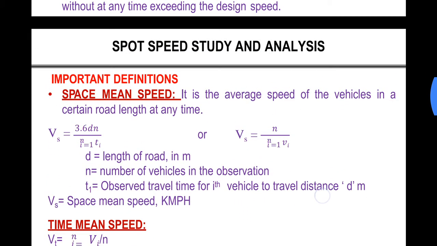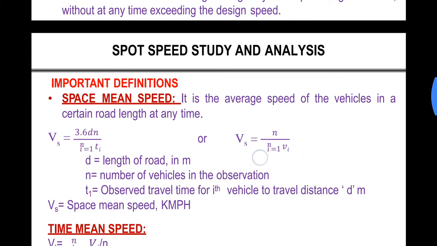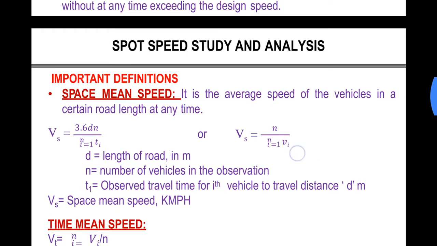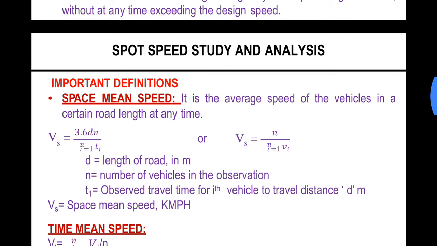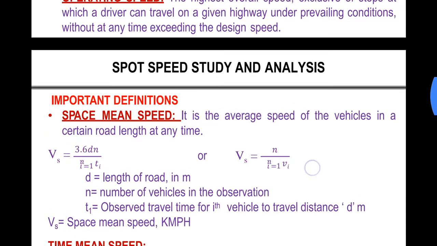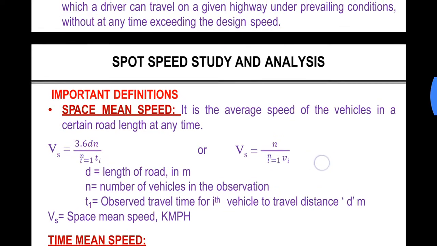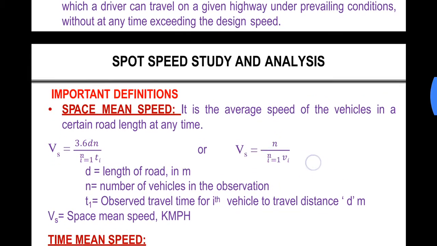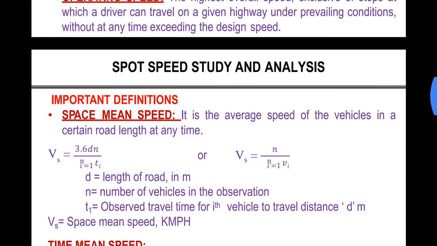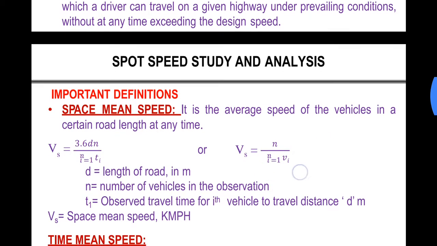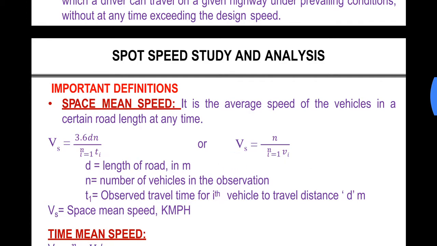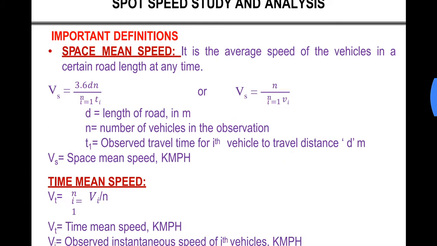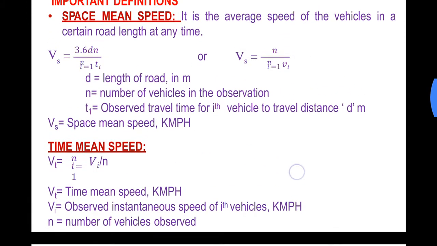This can also be given using another formula. Vs is also equal to n divided by summation of 1 by Vi. Okay, n is nothing but the number of vehicles and Vi is the spot speed of each of the different vehicles. Okay, for example, if there are 10 vehicles, then we take the spot speeds of the 10 vehicles, and summing those we'll get Vs. Next is time mean speed.